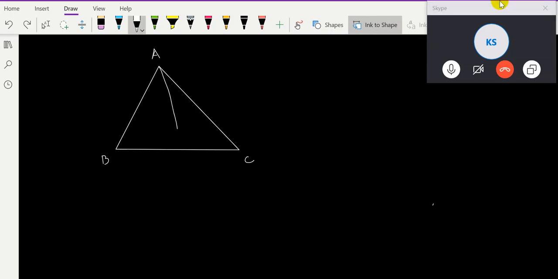One of them is called the point of intersection of the medians. And the other one is the point of intersection of the perpendiculars.